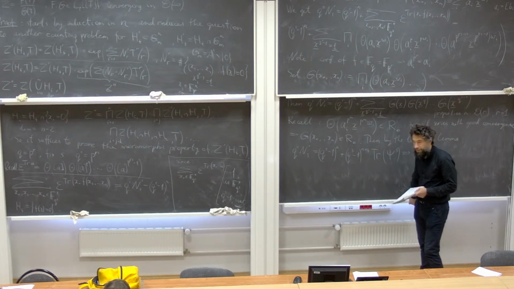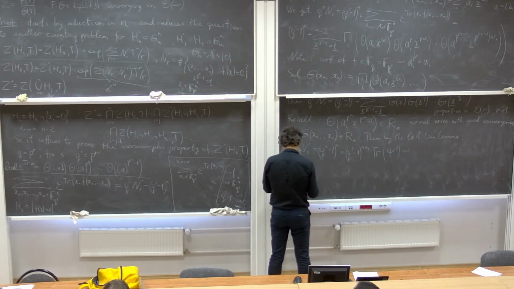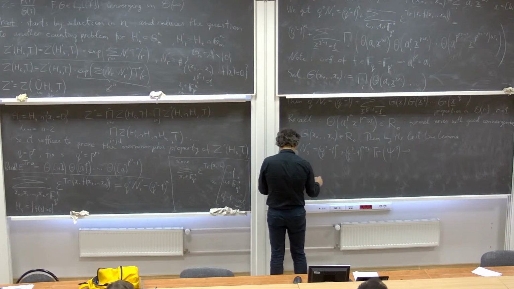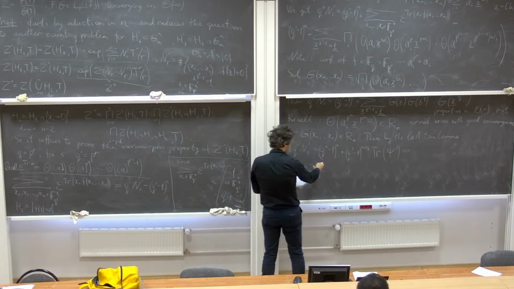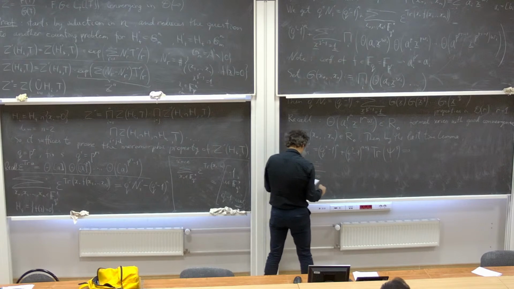So we are essentially done. Just let us do it formally. So we conclude that n prime s is, I just expand this by binomial formula.